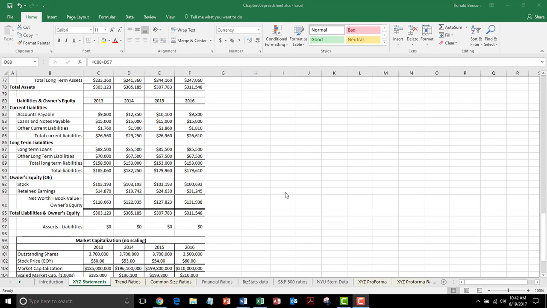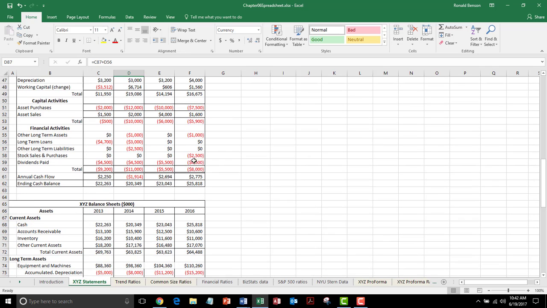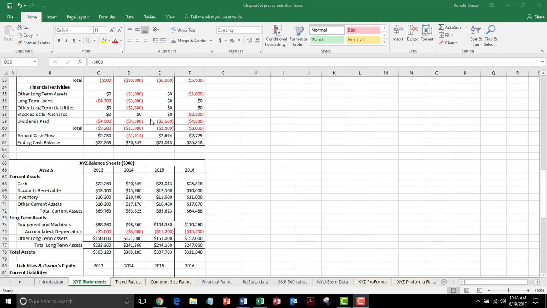Now we can do the long-term liabilities. Long-term loans went down by 3 million. That can be shown up here on the long-term loans. 47 down to, say that correctly.